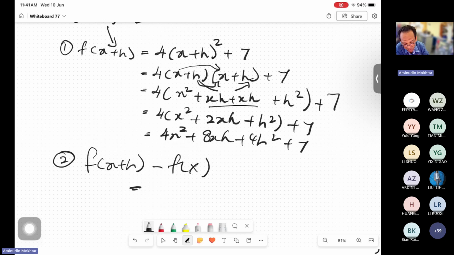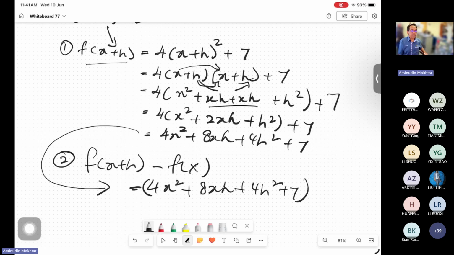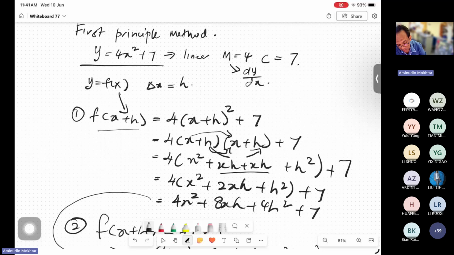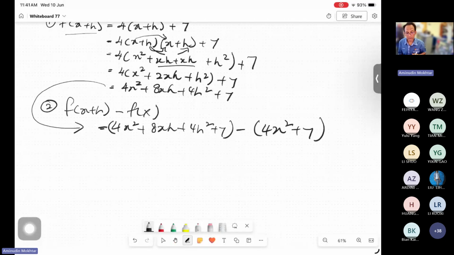From step 1, we know that f(x plus h) equals 4x squared plus 8xh plus 4h squared plus 7, minus the original function. What is the original function? This one, 4x squared plus 7. Okay, that is step number 2.